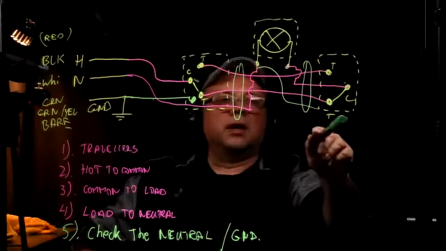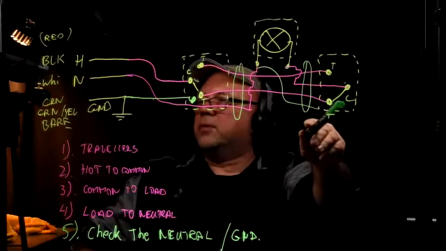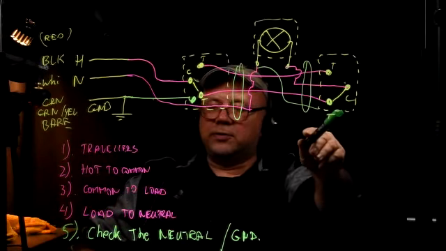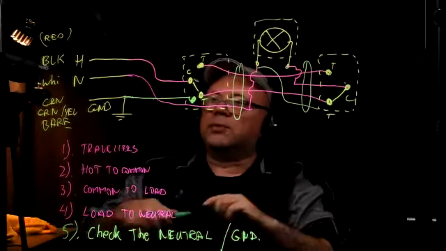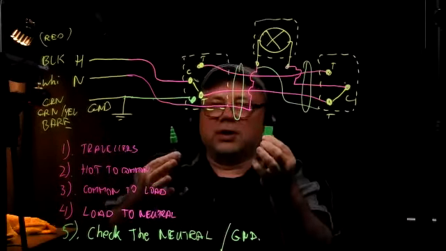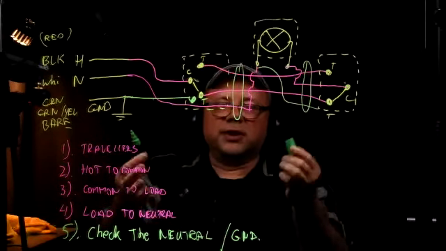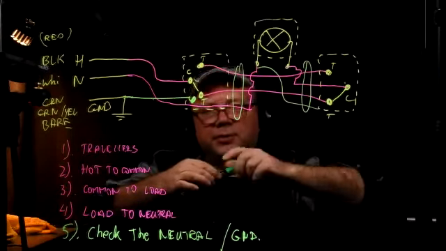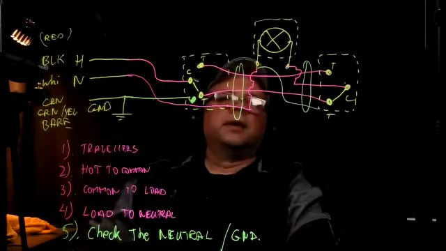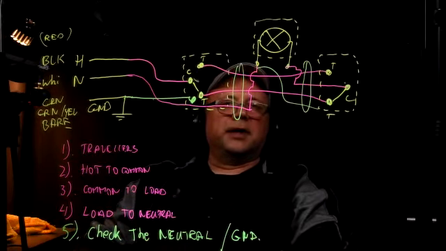But never leave any wires unterminated. Always have them capped off some way. So the easiest way to cap it off is to use a wire nut or the twist-on connector, and just put it on that one wire and twist it and leave it there. So that's the whole thing.